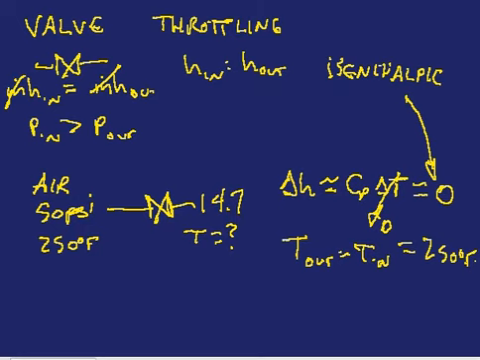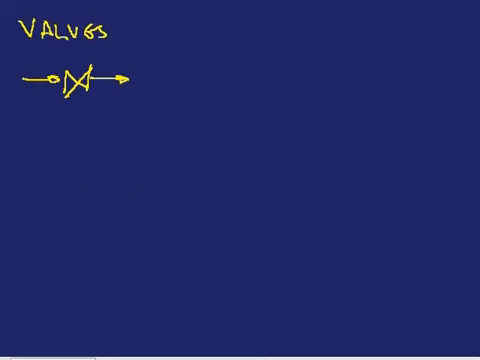Now let's look at another similar situation, but suppose now we put a liquid into the valve instead. We'll take basically the same conditions, except now we have a liquid.